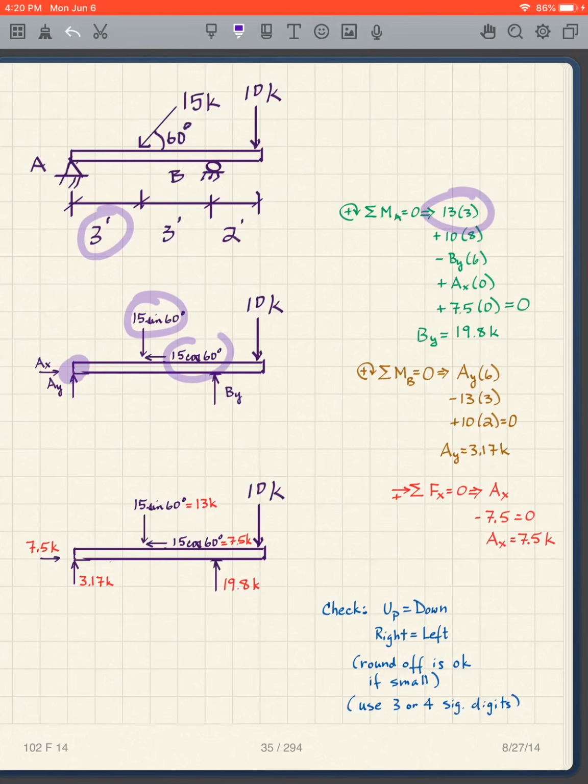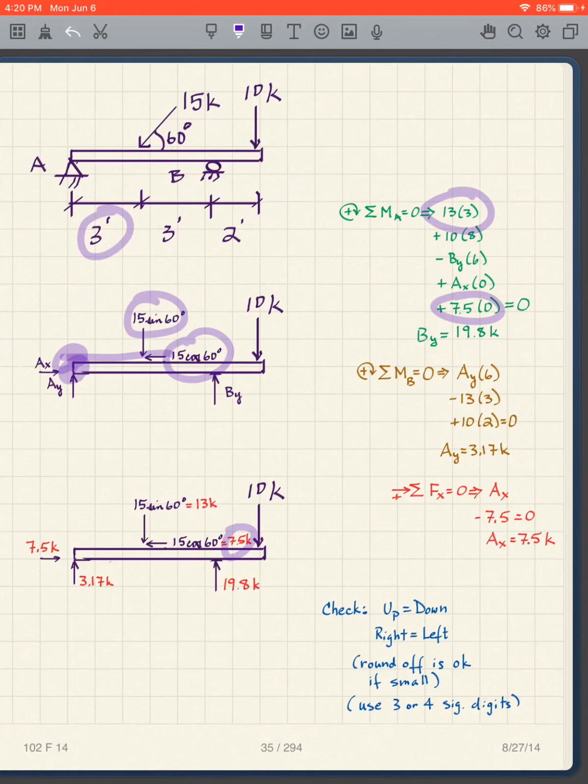Now, how about this one? This one, the line of action goes through the point. So that would be 15 cosine 60, or 7.5 kips times 0. I didn't have to show it, but that one disappears because it's 0.